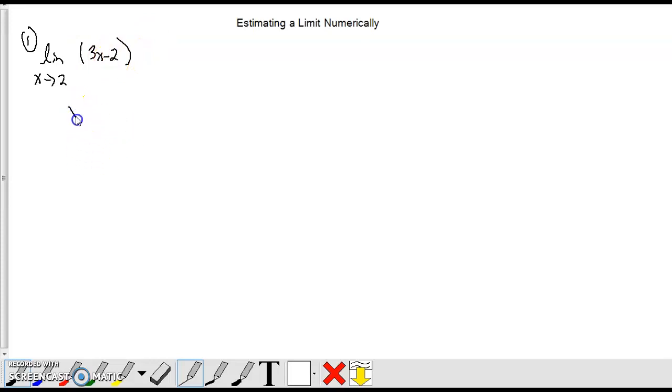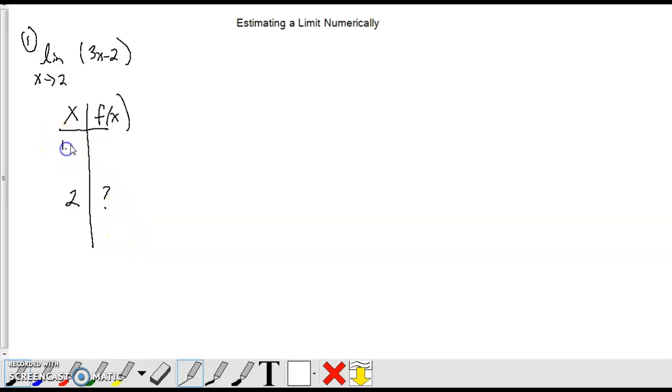What I want to do is make a table of points, x and f of x, and I want to leave x = 2 alone. I'll put a question mark here. Later on we're going to see that if I plug in the number 2, I'm going to get an answer. But for now I want to plug in some numbers that are close to the number 2.